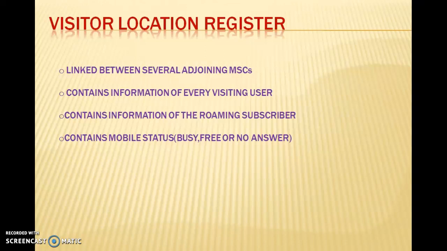Next is the visitor location register. This is the temporary database. It is also a database, as I have already explained, but it maintains the temporary data of the visitor. Why temporary data? Because the visitor who has logged in from another MSC is not a permanent subscriber of that location, and the MSC has to send the information regarding that user to his home location.